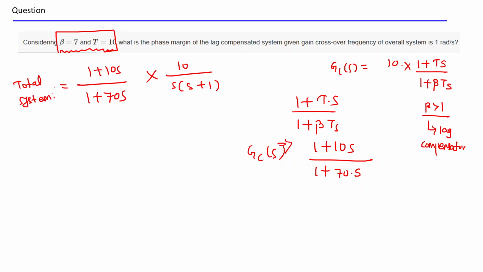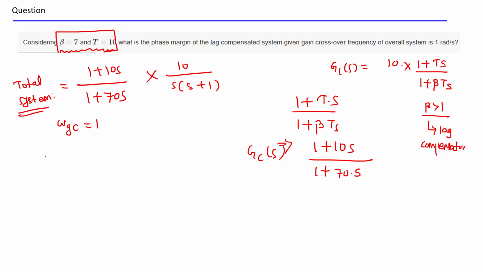For this system you need to find the phase margin, because the question asks for the phase margin of the lag compensated system, given that the gain crossover frequency of the overall system is 1. Omega gc is given as 1.